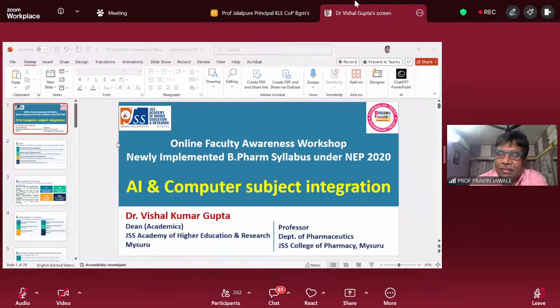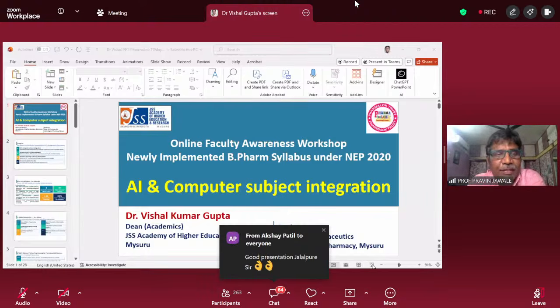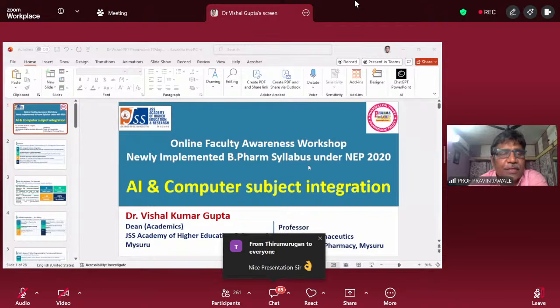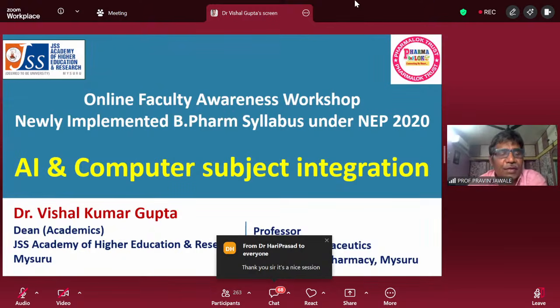We know the vision behind framing this new BPharm curriculum: the chairman of this regulation committee, Dr. Deependra Singh sir, has emphasized AI, because now the world is having this AI, and to compete in the world, the Indian pharmacists should learn AI, and pharmacy professionals should become experts in AI. So that is what the new curriculum specification is, that we are having artificial intelligence and the various computer subjects.